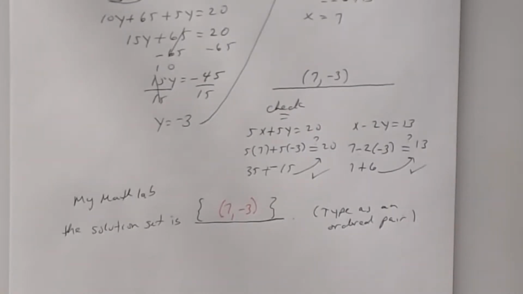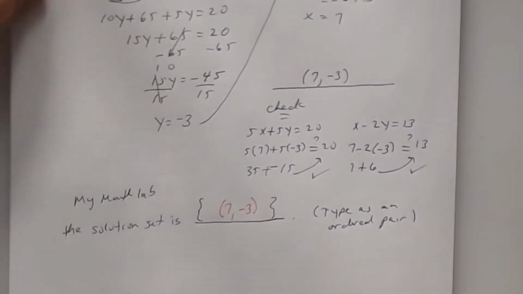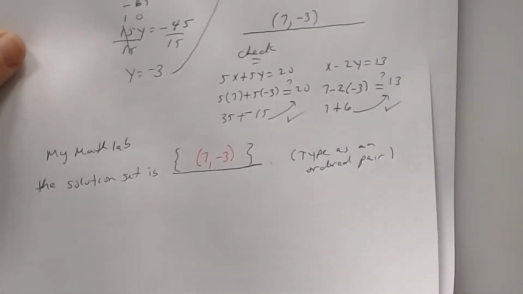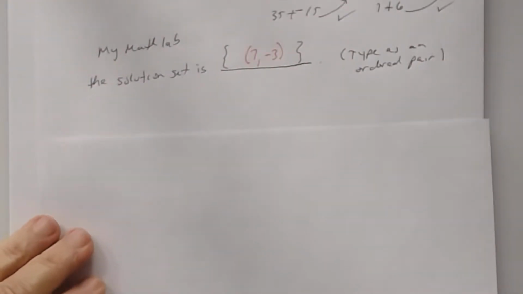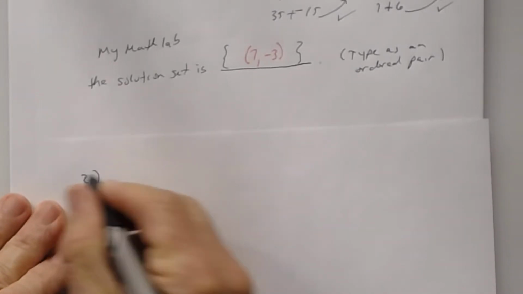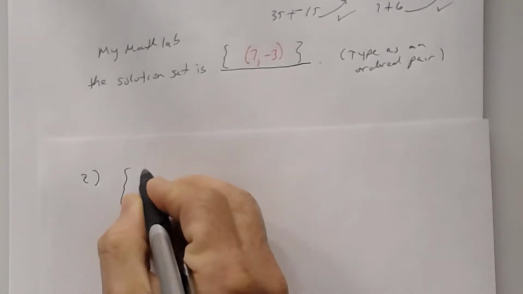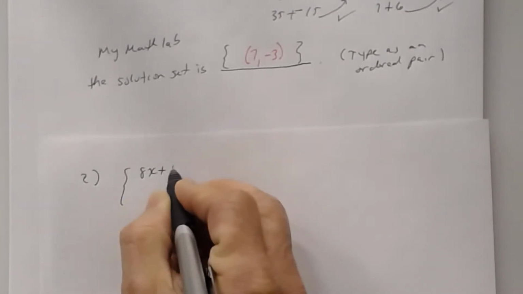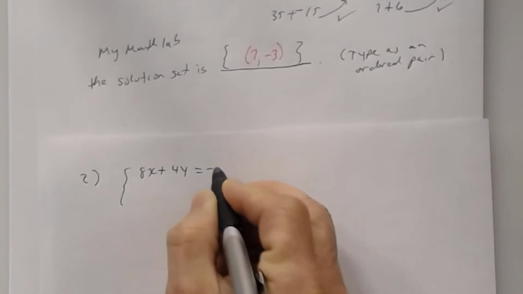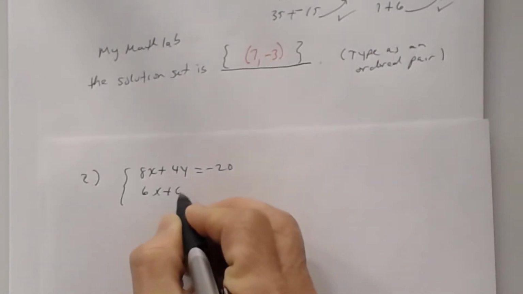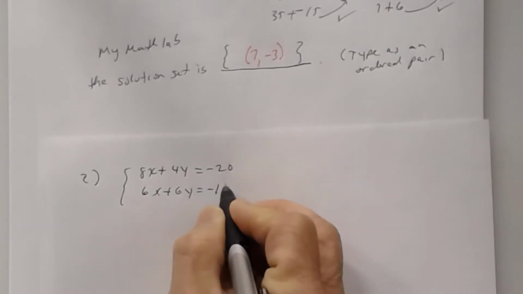All right, now let's look at number 2. Okay, number 2, we have this: 8x plus 4y equals negative 20, and then 6x plus 6y equals negative 18.